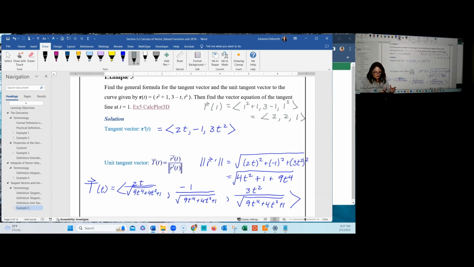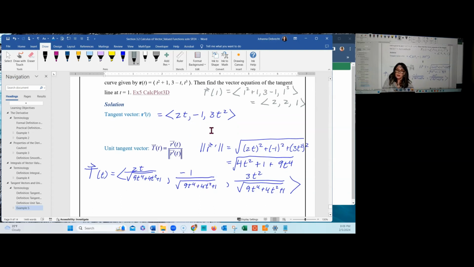The position vector with the initial point at the origin and the end point at that ordered triple is vector 2, 2, 1. So I'm going to take that vector 2, 2, 1, and I need to add to it a direction, and the direction needs to be in the direction of the tangent vector or the unit tangent vector.